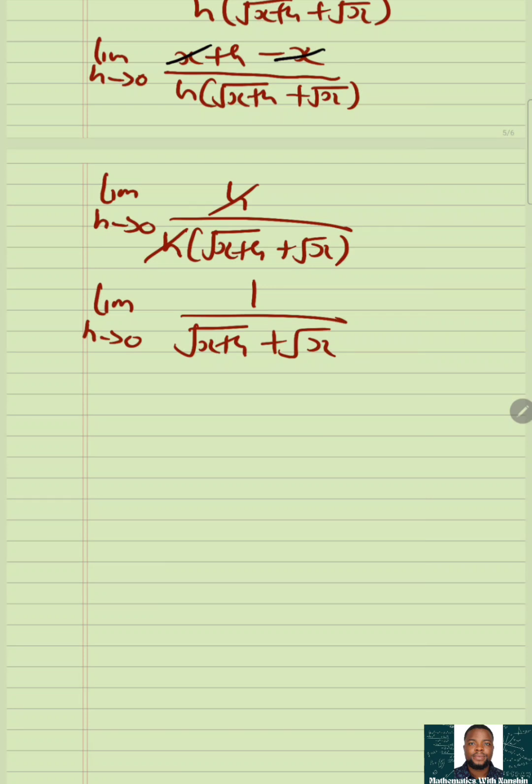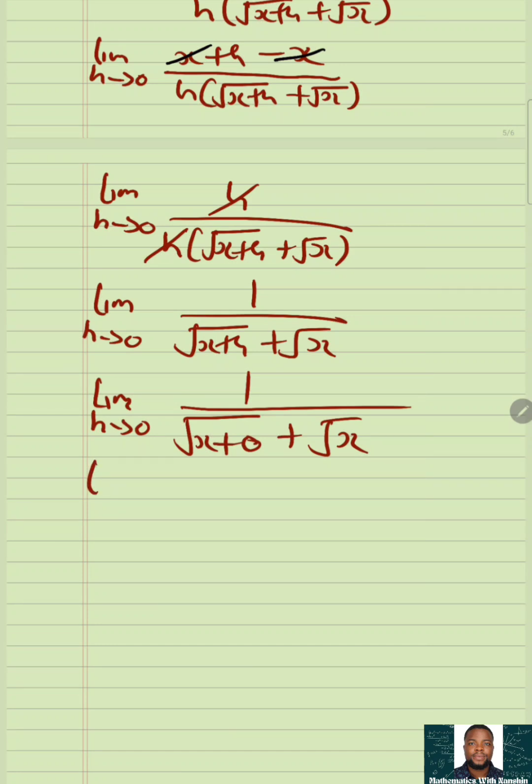But they said h tends to 0, so you implement that by putting h as 0. If you do that, you have root x plus 0 instead of h, because h tends to 0, so root x.